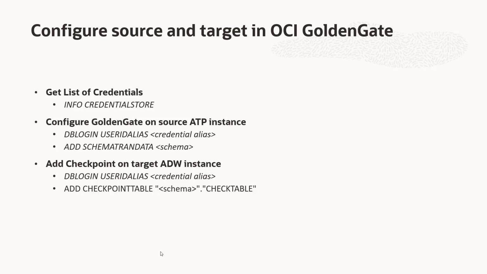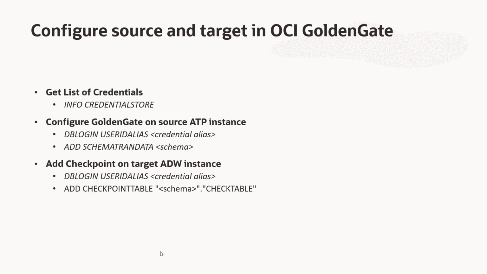So basically what I just showed you in the user interface where we saw blog SRC ATP, blog TRG ADW, we're going to run info credential store in admin client to get the list of those credentials, those connections, if you will. Then we are going to log into the source ATP instance using a command called dblogin useridalias and the credential alias, which is blog SRC ATP in our case.